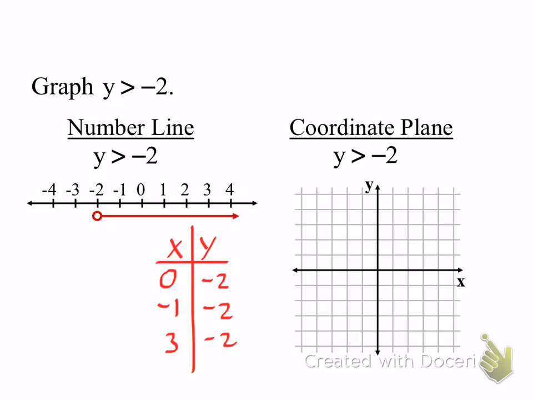So I do 0, -2. -1, -2. 1, -2. And what kind of line is it? It's horizontal, right?